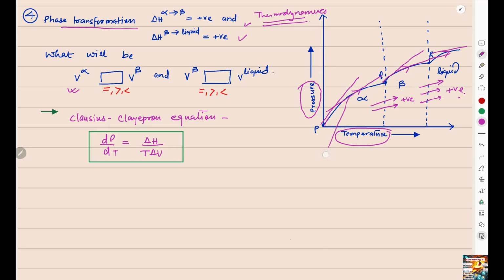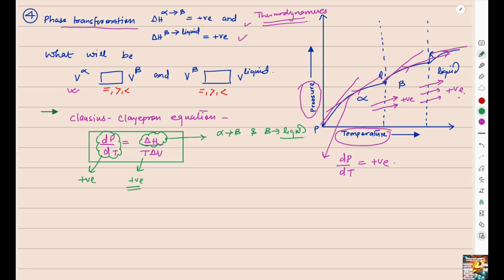So from this we can say that dP by dT is always positive. Also in the question it is given that delta H is positive for both the transformations, from alpha to beta and from beta to liquid, at a particular temperature. So all the terms in the Clapeyron equation are positive.